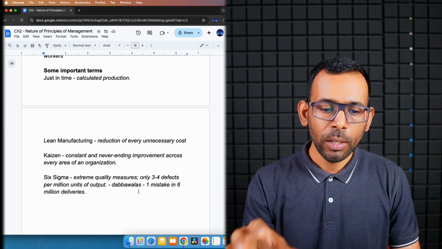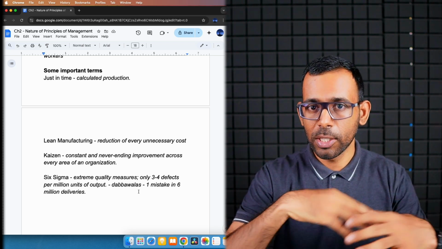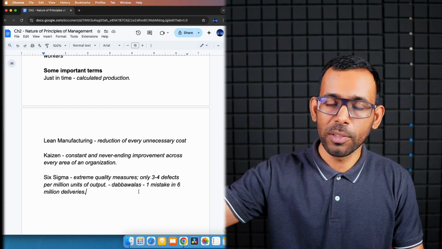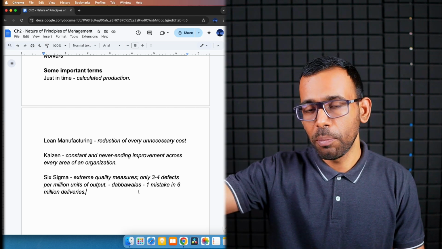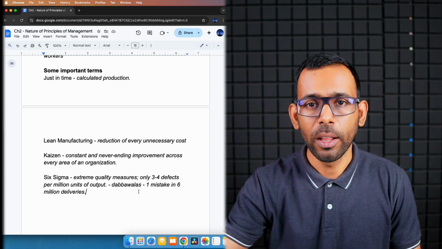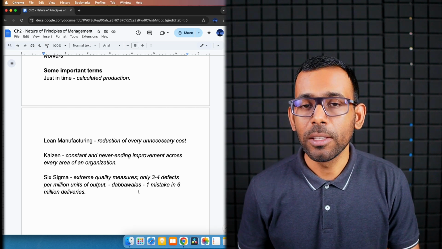So Dabbawalas will collect the lunch from the house, and they will have this sorting and distribution system. And finally, a different person who is responsible for that particular locality will end up delivering it right at the desk of the employee. So this they will do with extreme accuracy.